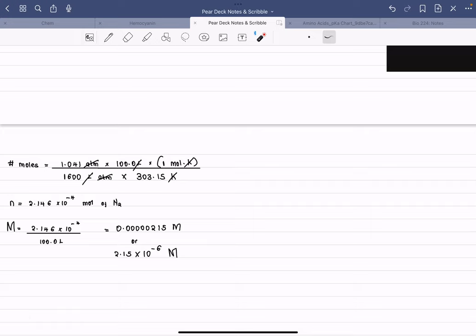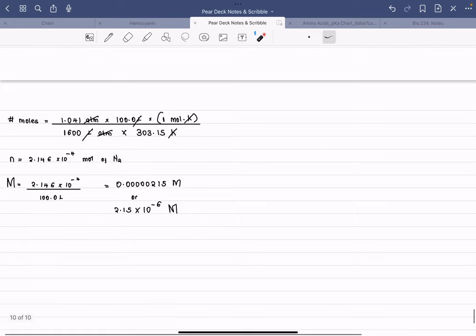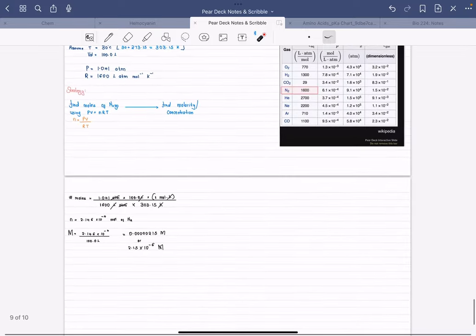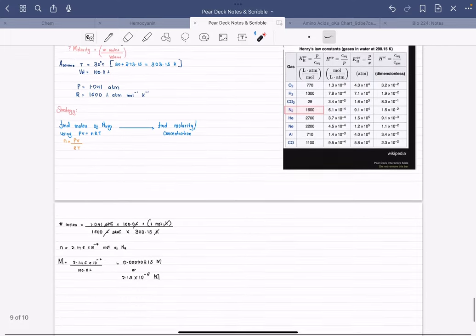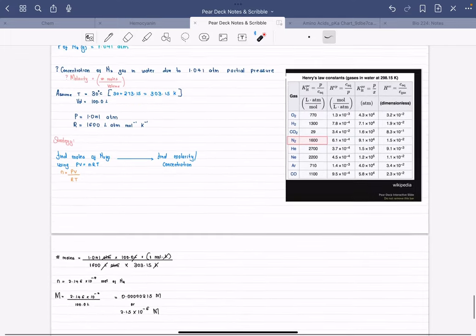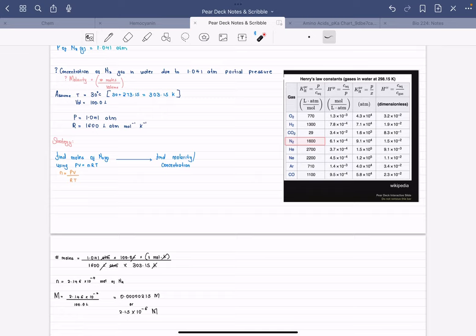So I put my moles, which is 2.146 times 10 to the minus 4, and then I divided that by 100.0 liter, and that gave me 0.000000215 molarity. And in standard form, that is 2.15 times 10 to the minus 6 molarity. Yeah, and that's gonna be the concentration of nitrogen gas due to a 1.041 atm pressure.